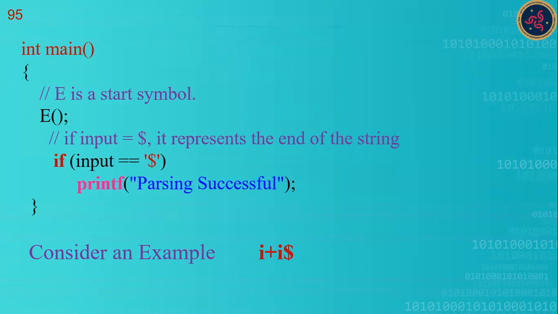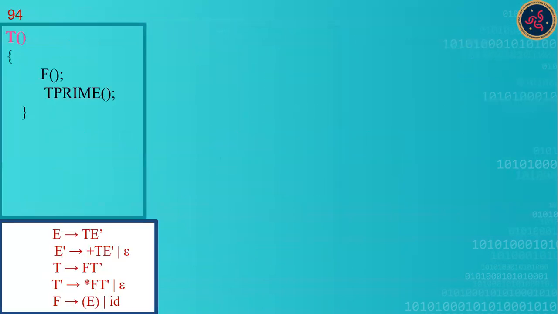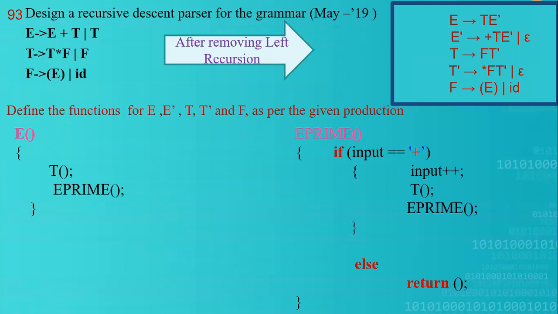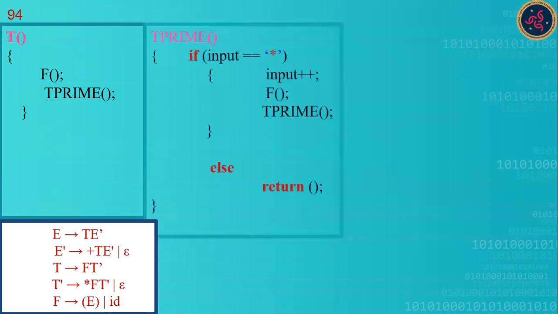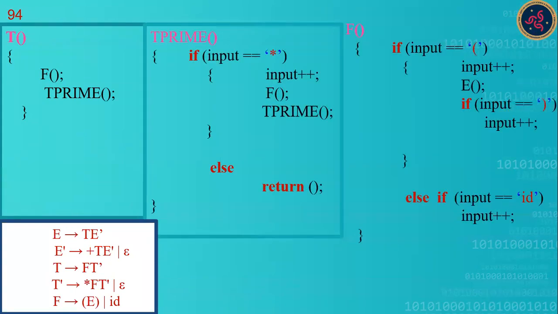So here in the main function, there is a function call to the start symbol E. So we can call E here. When we reach E, it is directly calling T. So we can call T here. Okay. So what does T do? T is calling the function F. So we can call the function F here.